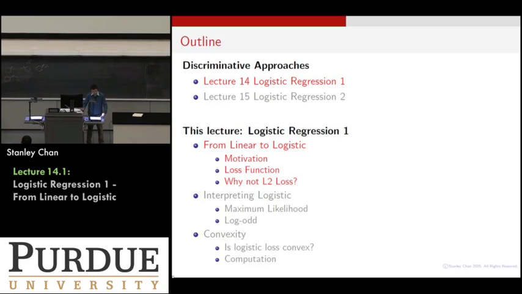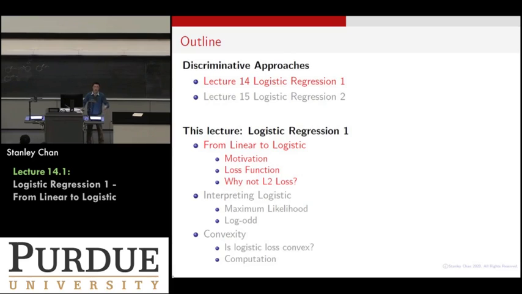Then we will move on to interpret this logistic regression using multiple angles. Now, none of these angles will be perfect. Okay, so they're just giving you one way of looking at the same problem. So you'll be seeing this logistic regression from different views. Then we will analyze a thing called convexity. Now you may ask, why do you want to talk about convexity in this setting?